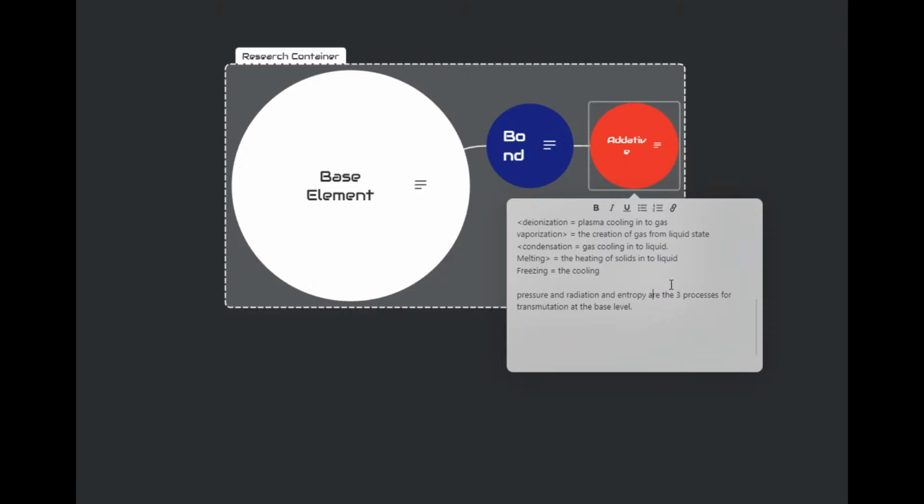But we'll call it entropy because again, it's a third state of space. Okay, so a virtual composite technology.